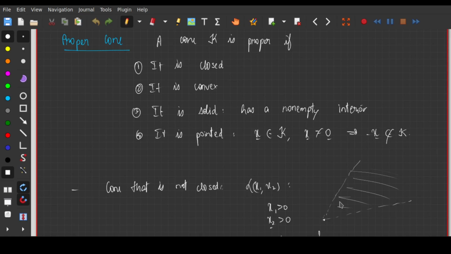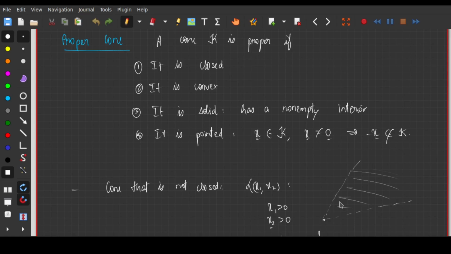All right. So in particular, if I take, let's say, a two-dimensional plane in R3, then this is not solid, because there is no three-dimensional ball of any positive radius which you can fully contain inside a plane. Correct? So that's what it means to be solid. Also, we want it to be pointed in the sense that if you have a non-zero point x in the cone, then the negative, minus x, does not reside inside the cone.